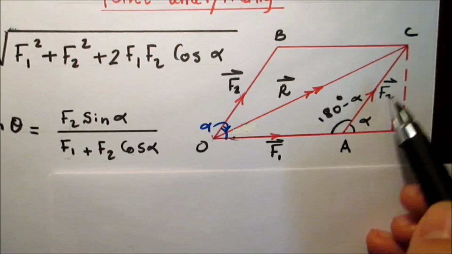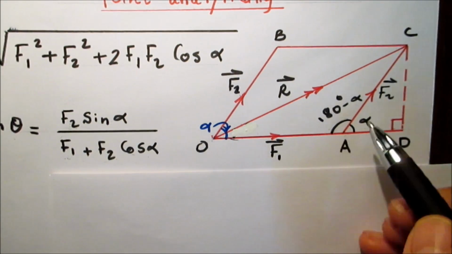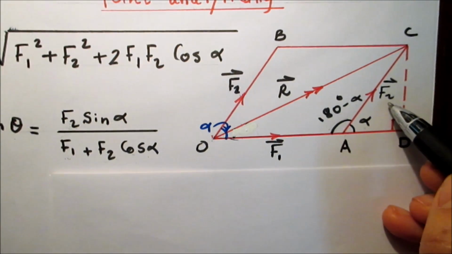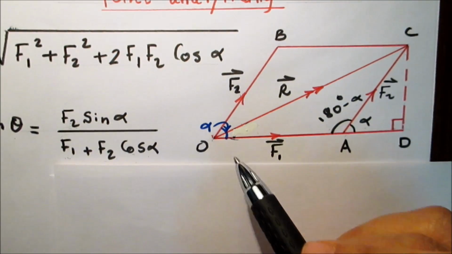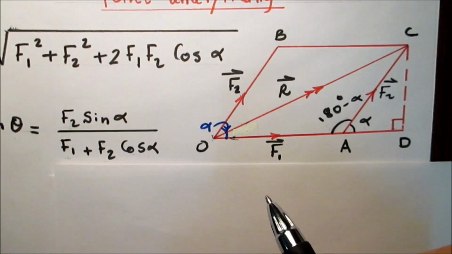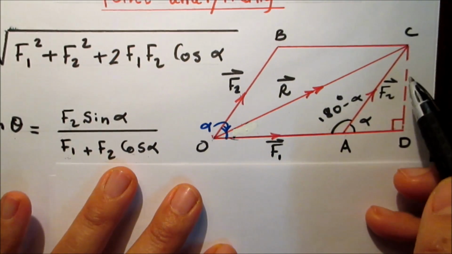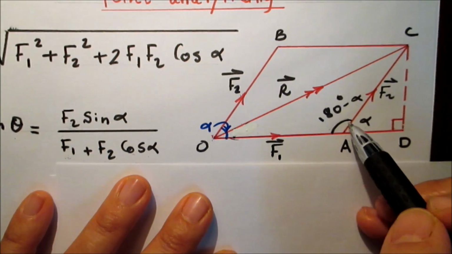In triangle OAC, OA represents F1, AC represents F2, and OC represents the resultant R. We can use the cosine law studied before in trigonometry to find the resultant R in terms of F1 and F2 and the included angle alpha.